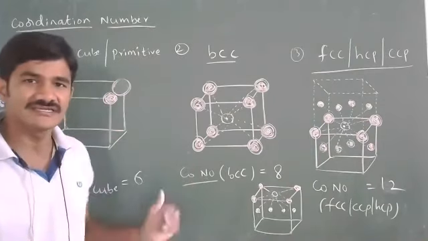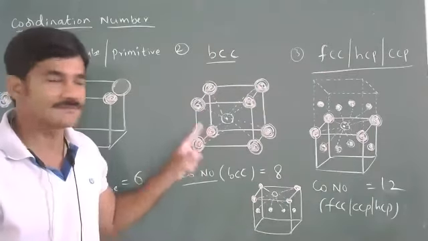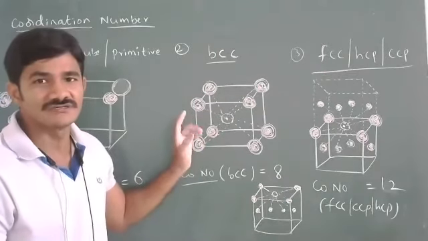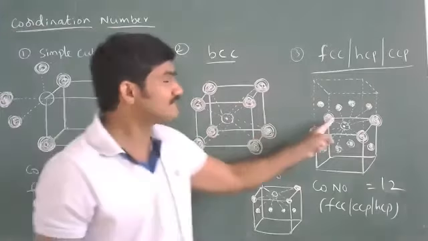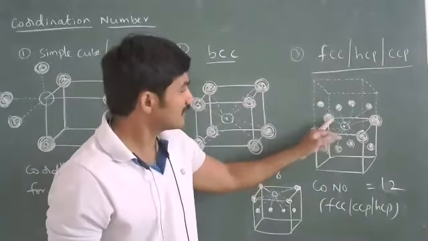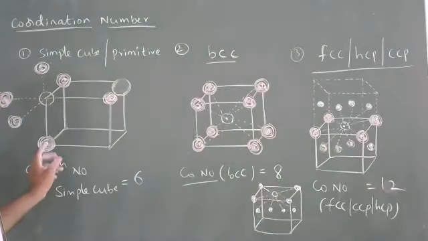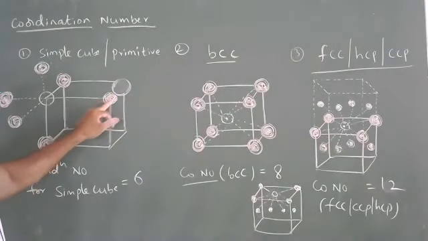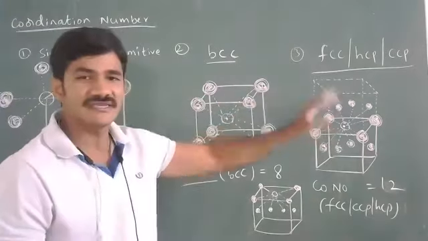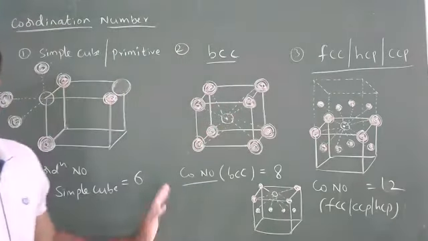But in BCC, atoms present in the corners will not touch each other. FCC also, atoms present in the corners will not touch each other. Only in simple cube do atoms present in the corners touch each other. In BCC and FCC, atoms present in the corners will never touch each other.